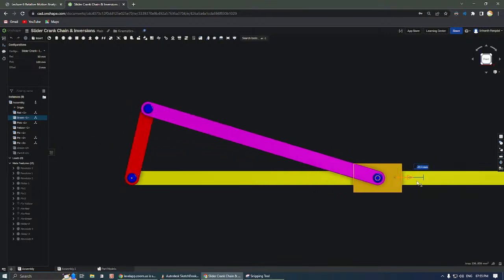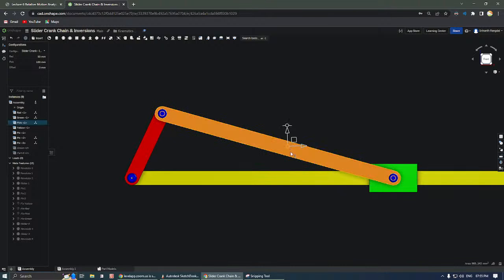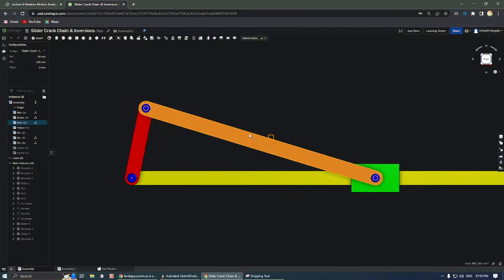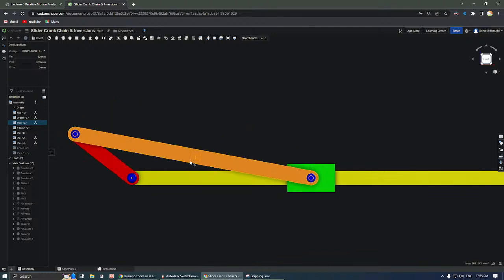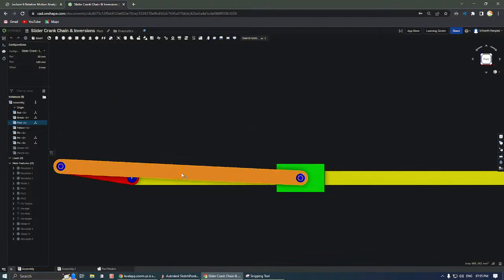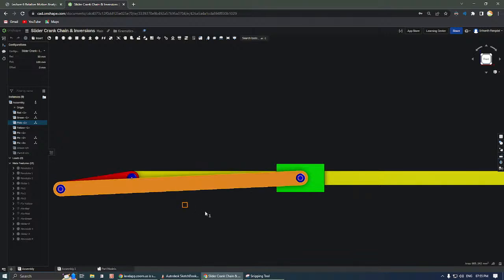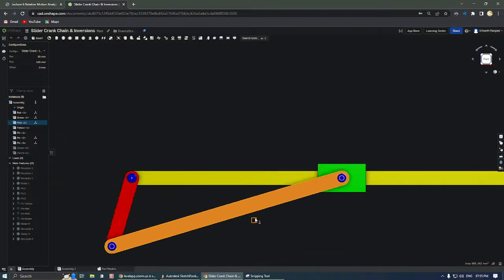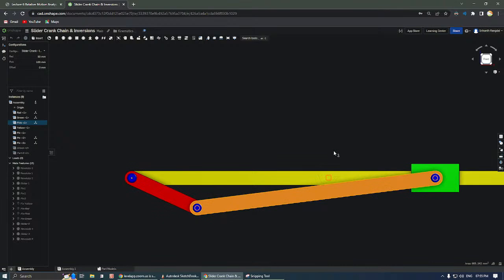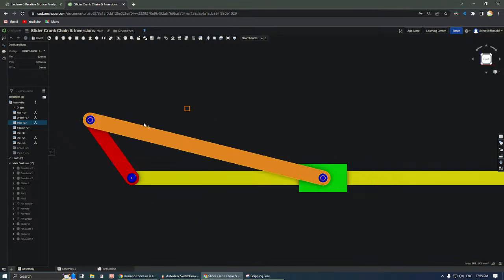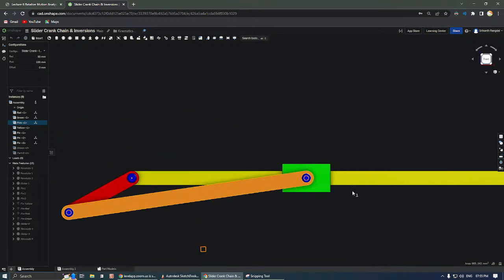This is translating. Whereas the pink one, now at this point it is horizontal, right? And when we come here it will be inclined, and also it is translating. So this is general planar motion.